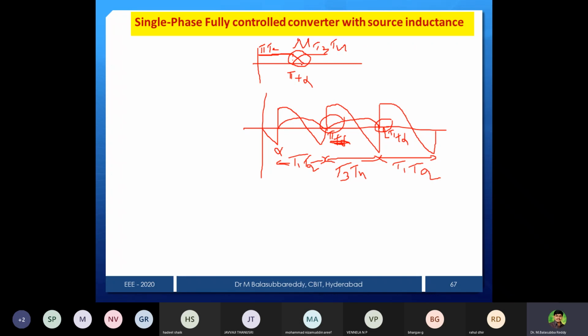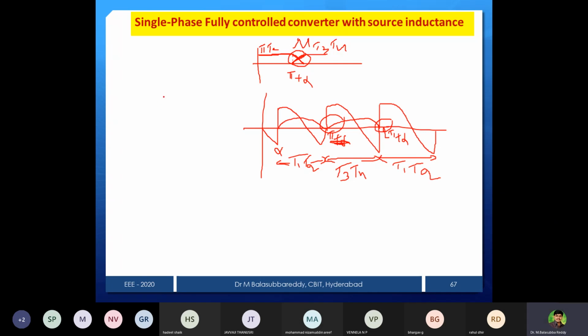Because of the source inductance or source impedance, the current in the T1, T2 thyristors gradually decreases to zero from the load current, and T3, T4 are gradually turned on. Because of the inductance, sudden changes are not allowed, and hence T1, T2 also have some current and T3, T4 also have some current during this small duration. Therefore, all four devices conduct together.